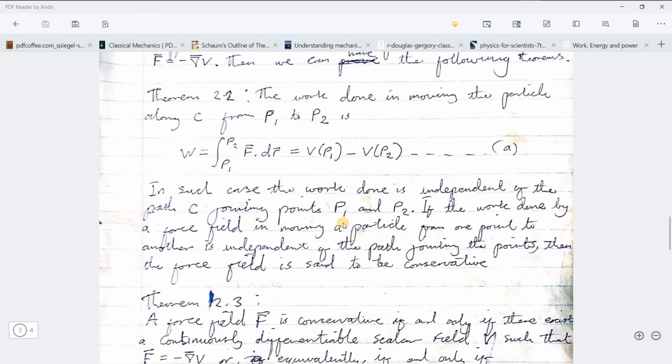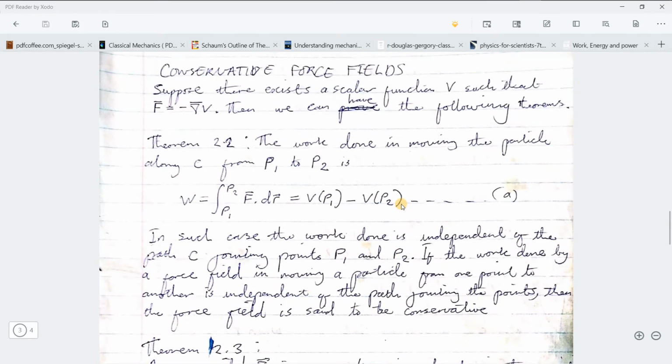And we can say that in such cases the work done is independent of the path C. So the work done is independent of the path C for a conservative force field. I'll repeat this statement: in such cases, the work done is independent of the path C joining points P1 and P2.